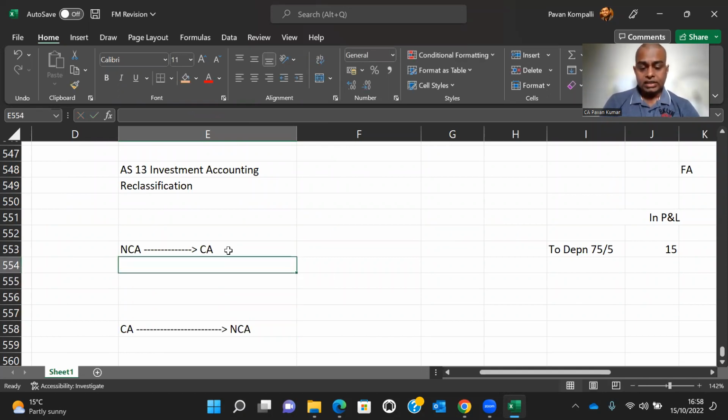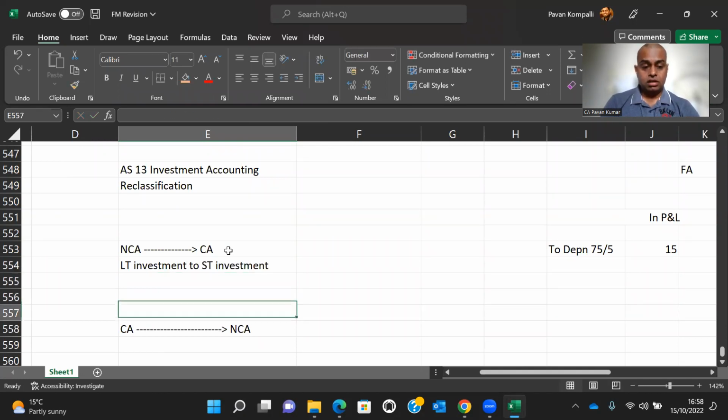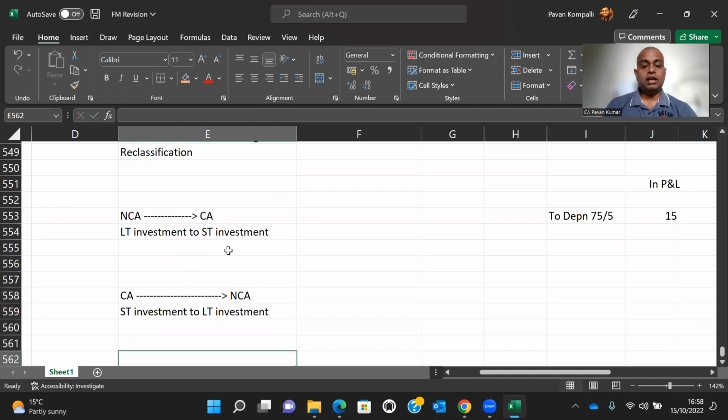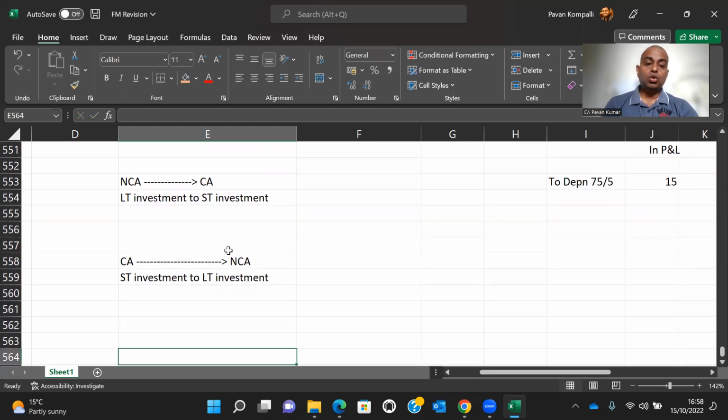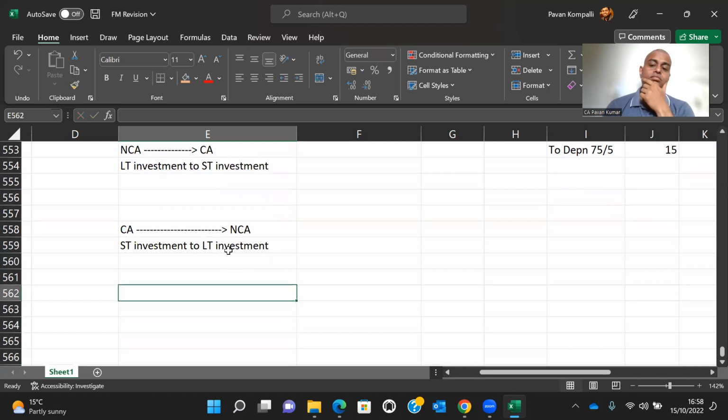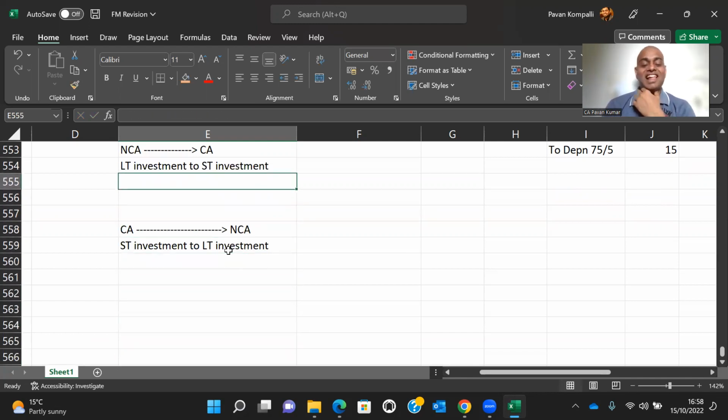That means nothing but long-term investment to short-term investment and short-term investment to long-term investment. Do you remember there are two types of reclassifications in accounting standard 13? Do you remember? No. Sir, we do not remember, sir.